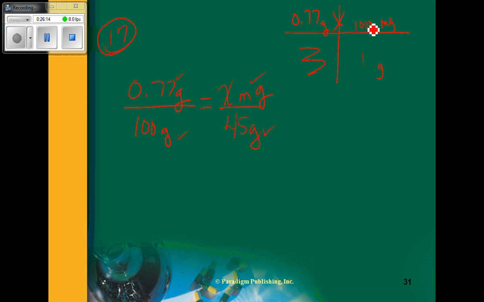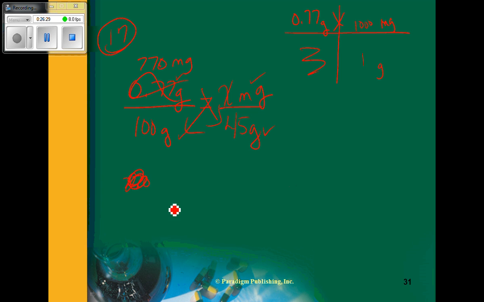So if you went in your calculator, 0.77 times 1,000 would be 770. So this would be 770 milligrams. So we've already done our conversions.